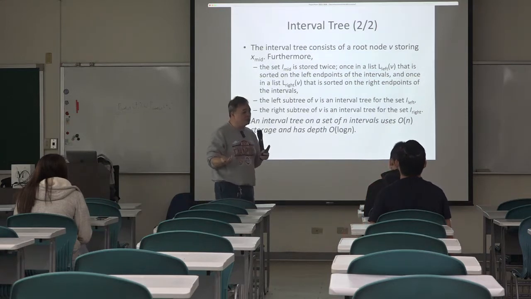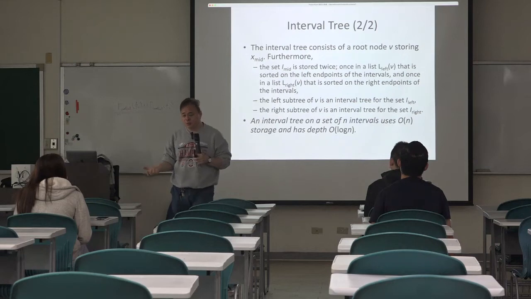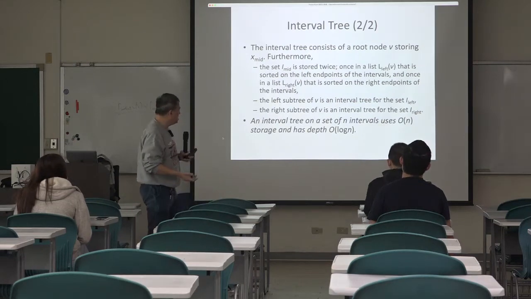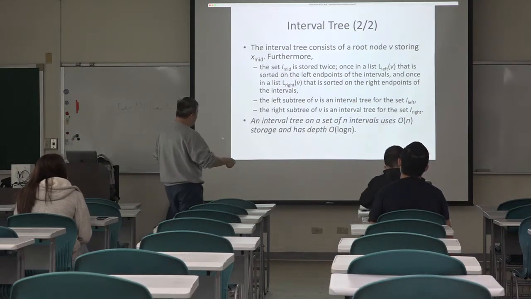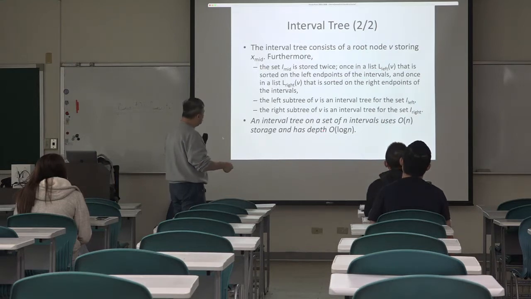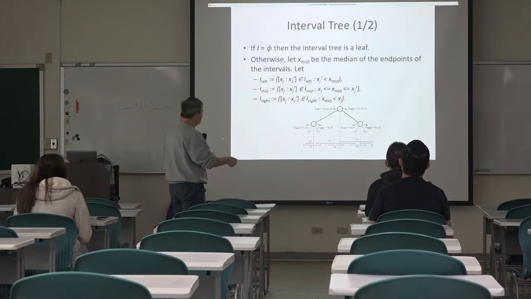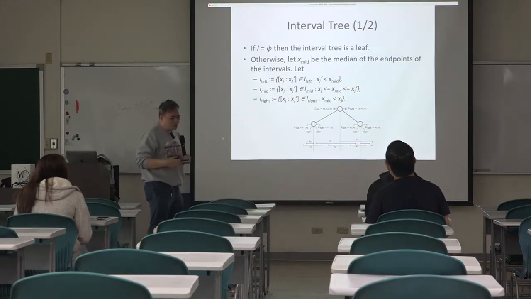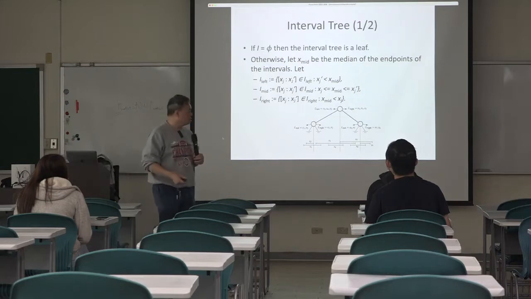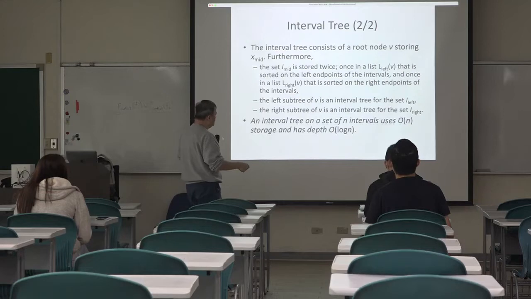So if you have n intervals, the storage will be at most 2n, and even if you include the nodes required for the tree, the total number of nodes will be linear too. So the total storage space is linear.